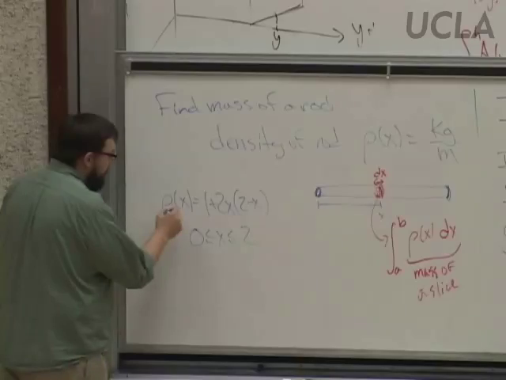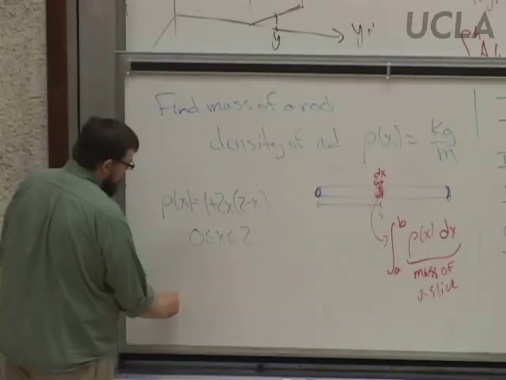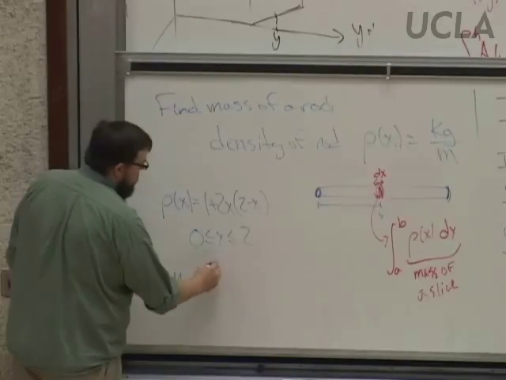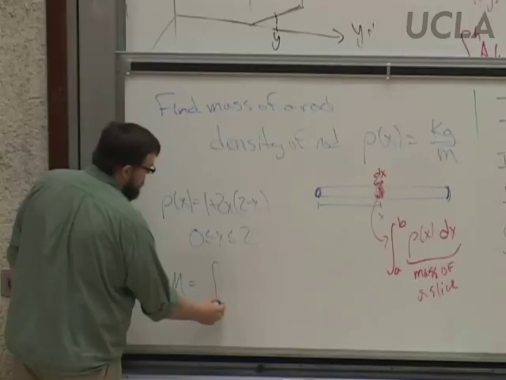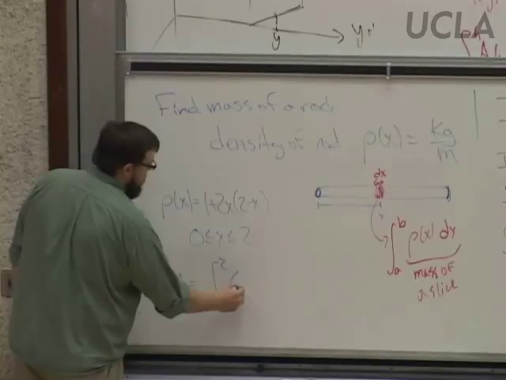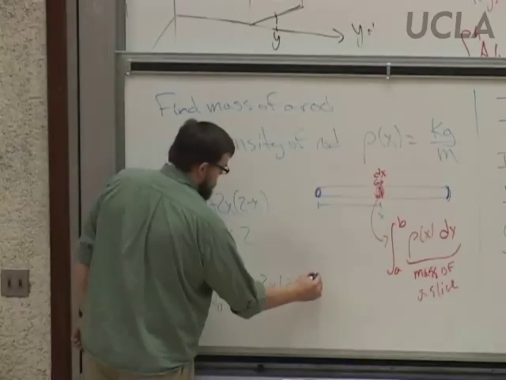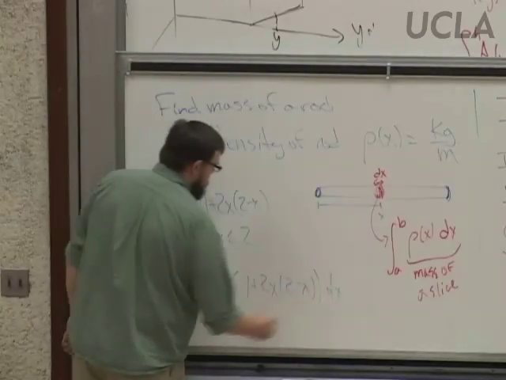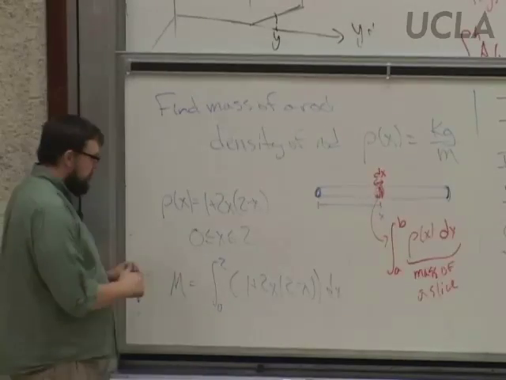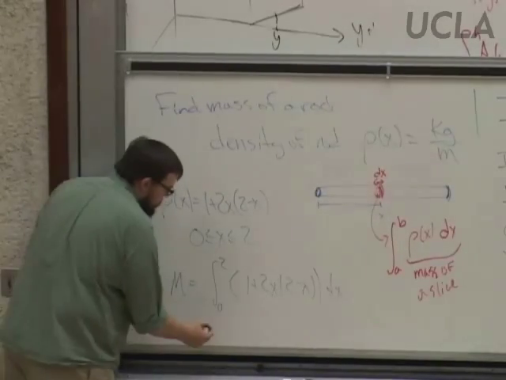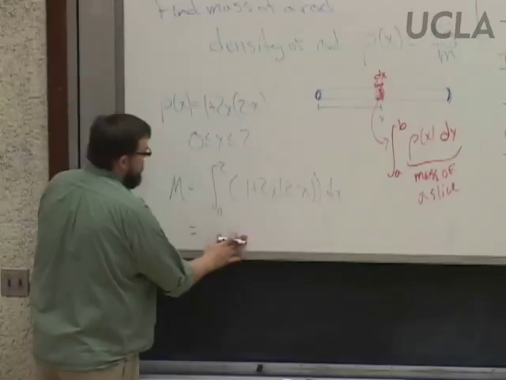So in this case, if I want to find the mass here, I get that the mass will be the integral from 0 to 2 of the density function. OK, well, that's the integral from 0 to 2. Let me move it up here a little bit.